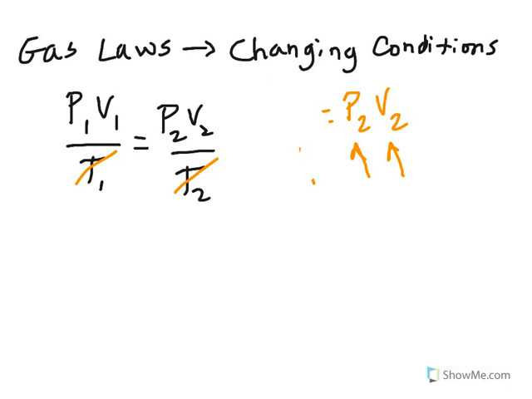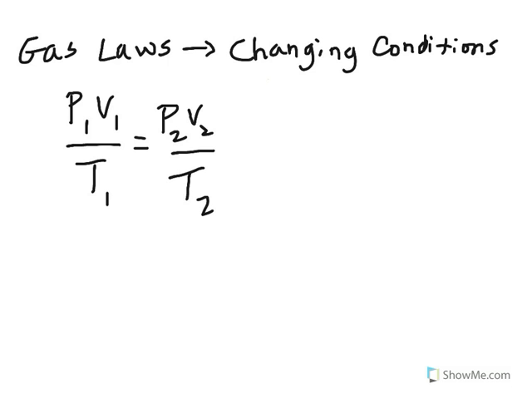Well, let's go back to the original formula, and I'll erase all this stuff and show you another option. What if you get a problem that says we don't give you any information at all about pressure, or we give you some scenario where the pressure has to remain the same all the time?